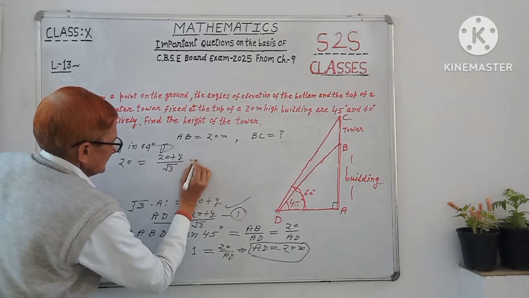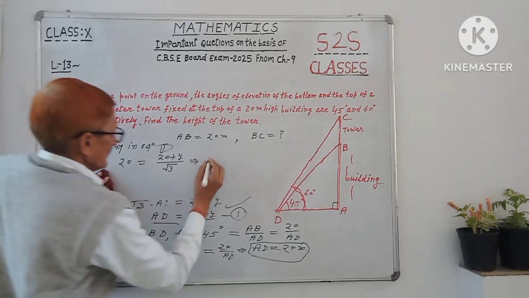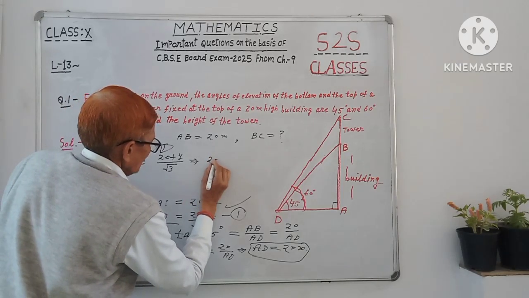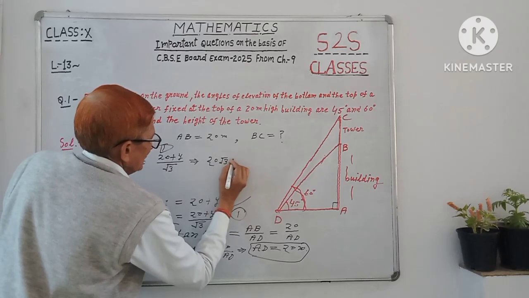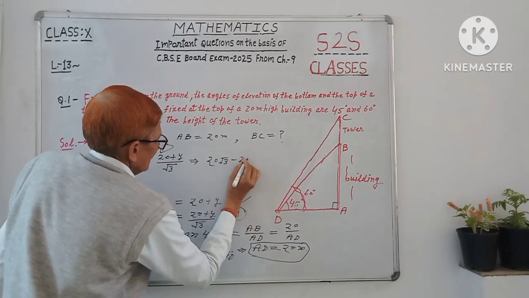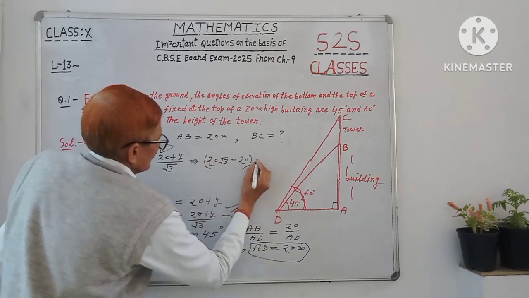This implies root 3 multiply में इधर आ जाएगा, 20 root 3 minus 20 is equal to y.